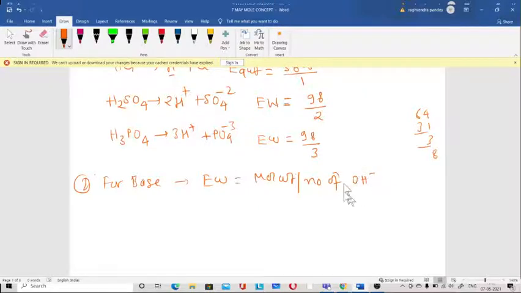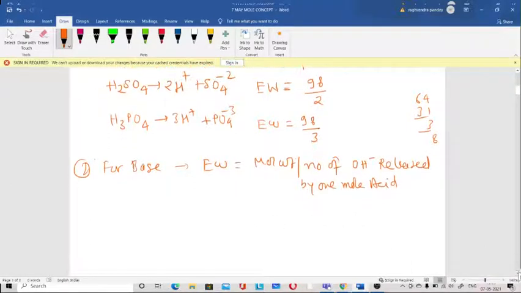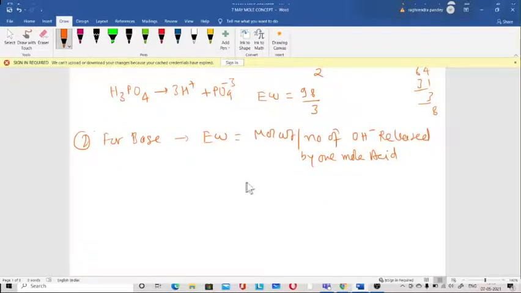Basicity is shown by the OH negative ions. So it is the number of OH ions released by 1 mole of base. That is your equivalent weight for a base.